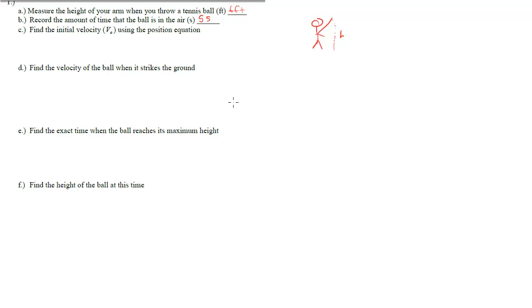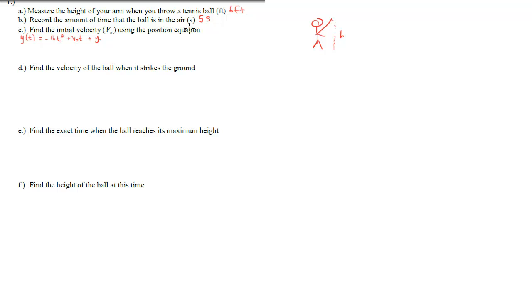Don't know if that's reasonable or not, but we'll find out. Okay, find the initial velocity of the ball using the position equation. Okay, so our position equation, y of t equals negative 16t squared plus v naught t plus the initial position.